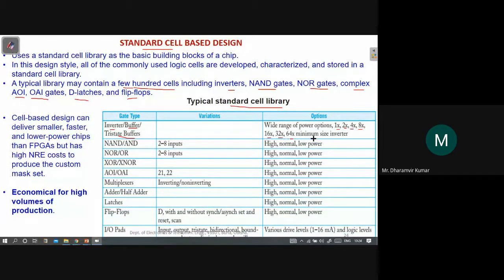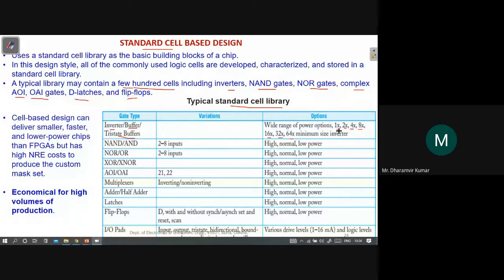So we have a basic minimum size inverter, and in addition to that, we also have some bigger inverters which give higher performance: 2 times, 4 times, 8 times, 16 times, 32 times, and 64 times. So we have different kinds of performing inverters.